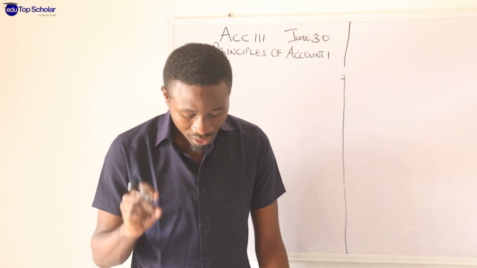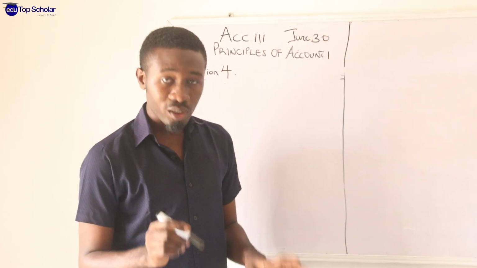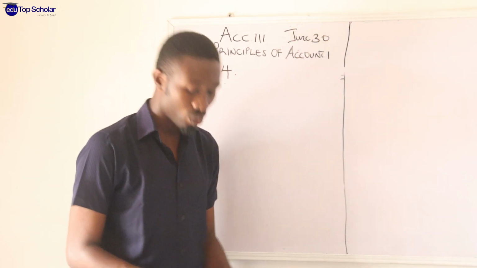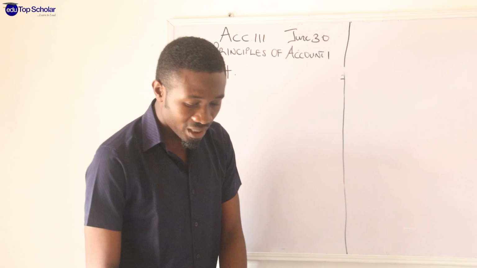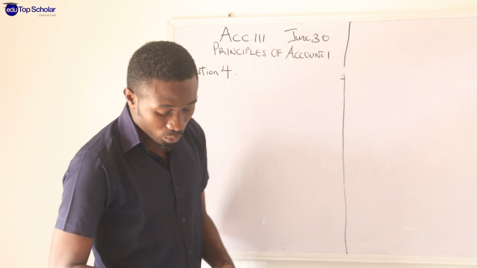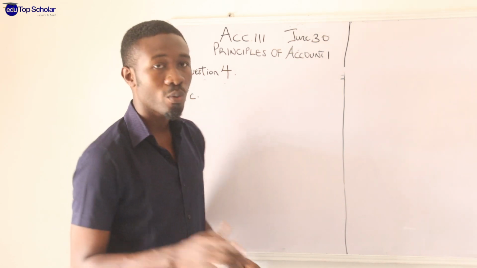An investigation into the differences yielded the following information. All you need to pay attention to is the details of the information that were given to you. Majority of these differences are what we've highlighted in 4A and 4B, but you just need to know what the differences are so that you can know where to make the adjustment.